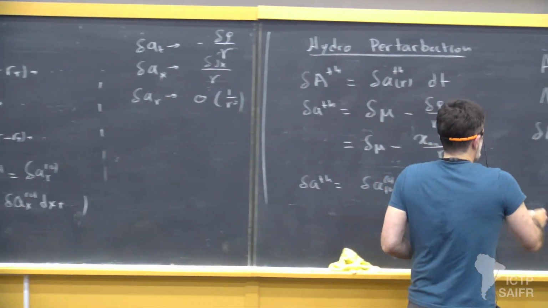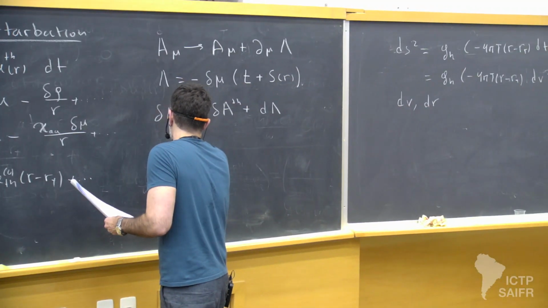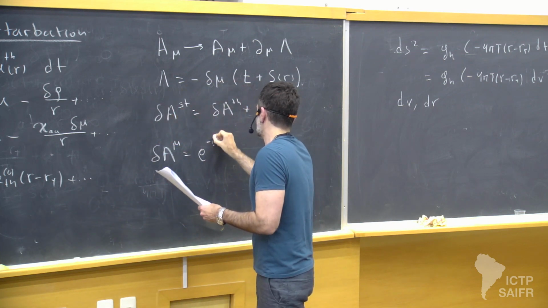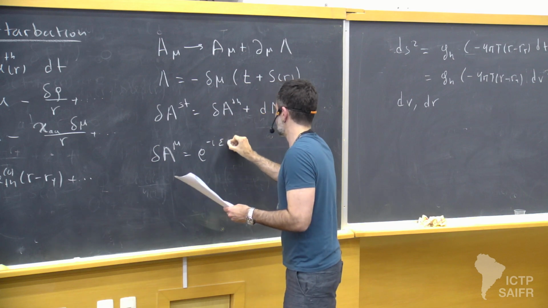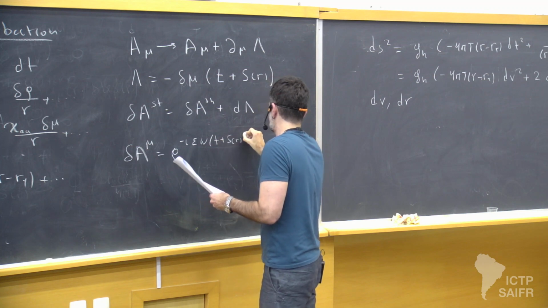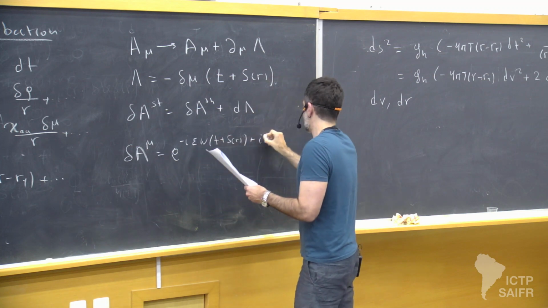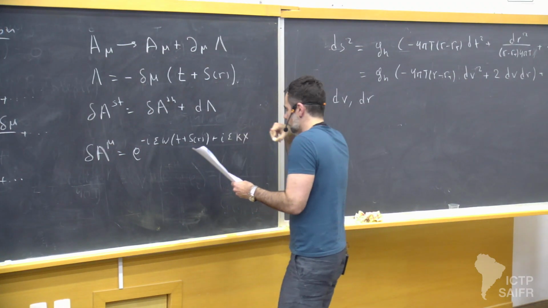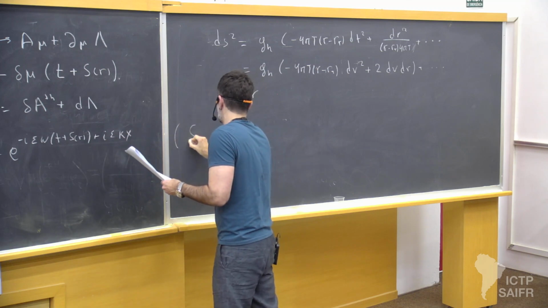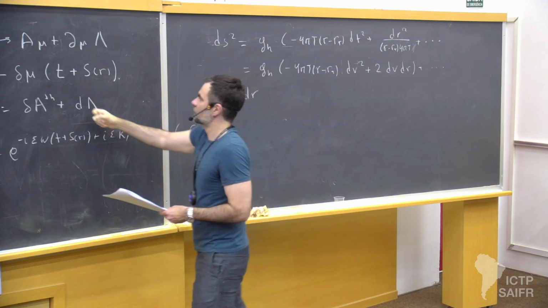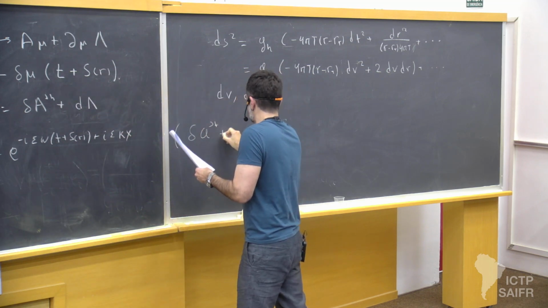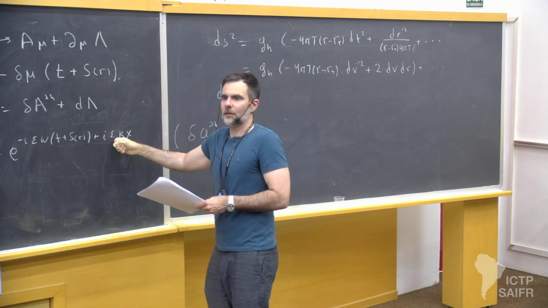Now, to construct the hydrodynamic mode, I'm going to write the perturbation of the gauge field in the following way. I'm going to introduce a scale epsilon, which multiplies omega. And the scale epsilon should also multiply k, the wave number. This is going to start with this static perturbation, and it will also have epsilon corrections.